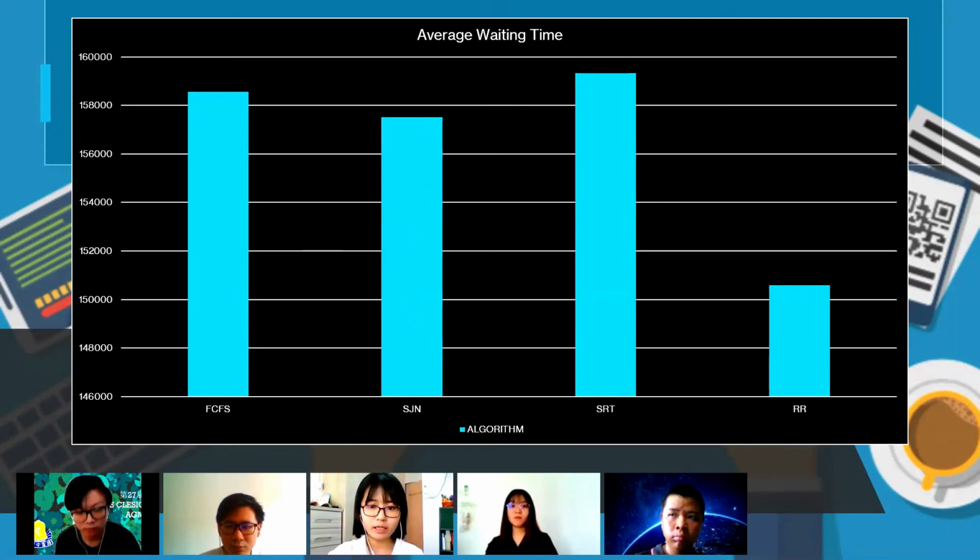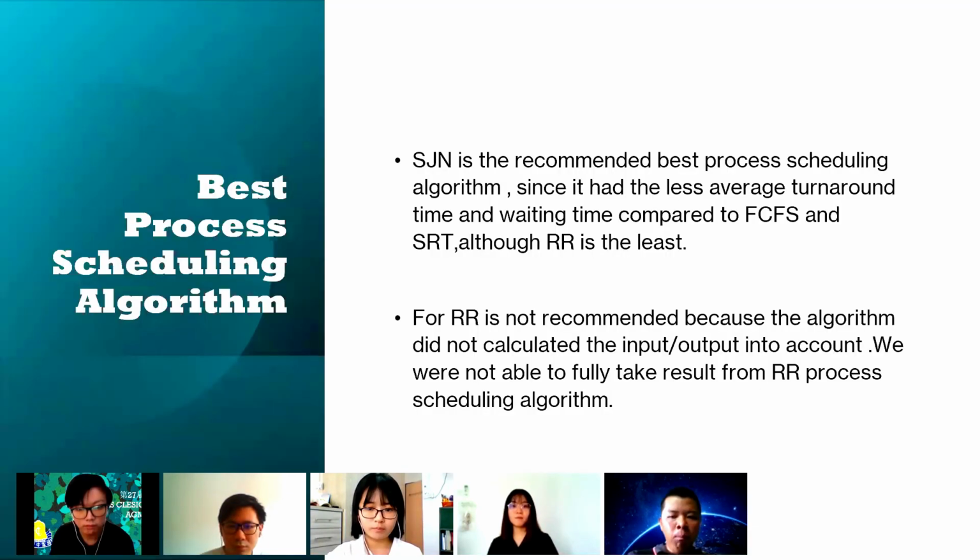Next, the second largest is first come first serve, then shortest job next, and lastly round robin. In conclusion, we recommend the shortest job next process scheduling algorithm as the best, since it has less average turnaround time and average waiting time compared to first come first serve and shortest remaining time.